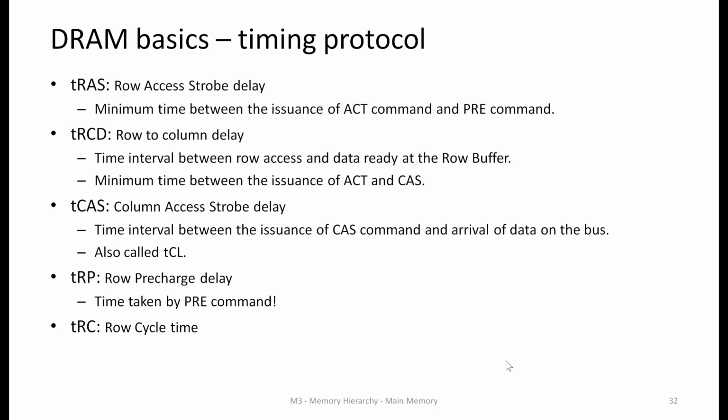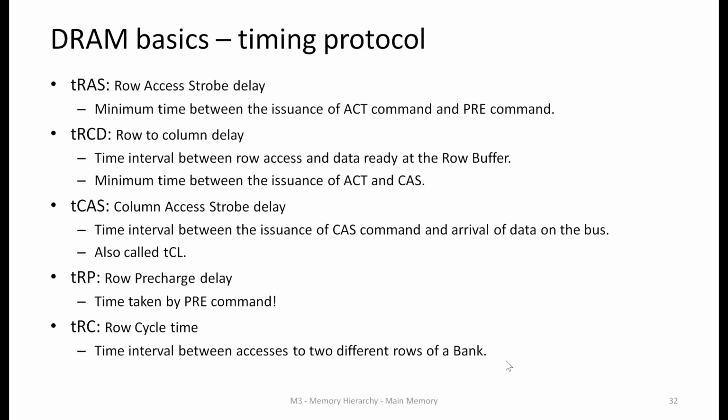Another timing constraint is tRC, which is row cycle time. Basically, it is the minimum time between issuing two activates to the same bank. Why would we do that? If we want to access two different rows in the bank, we would send an activate, probably send a CAS, and then close the first row, then open the second row.